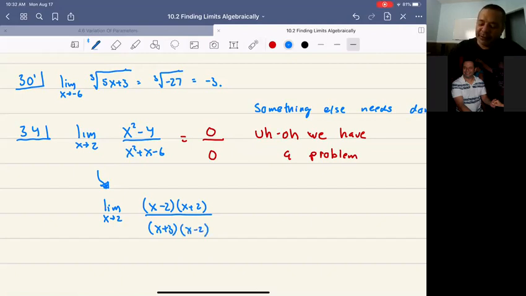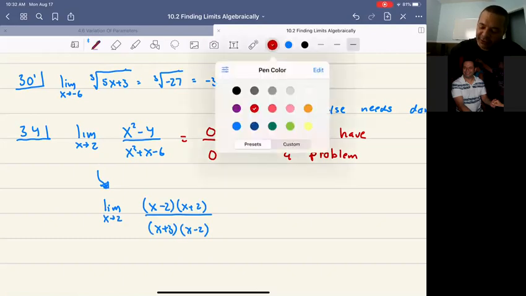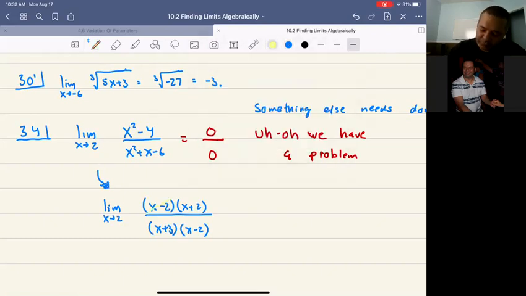Those x minus 2's are going to cancel out. So we get the limit as x approaches 2 of x plus 2 over x plus 3, which is going to be 4/5.